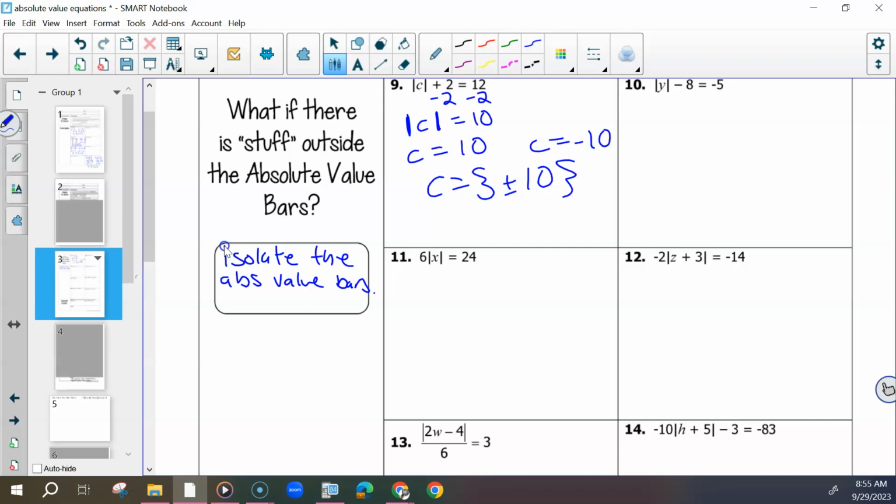Again, we're isolating the absolute value bars. We gotta get rid of that 6. What would we do there? So these two are multiplying, so not subtract. So how do we undo multiplication? Divide.